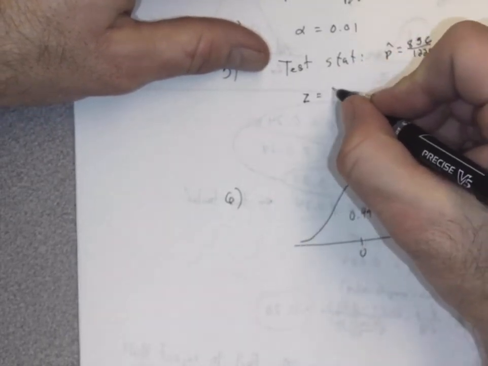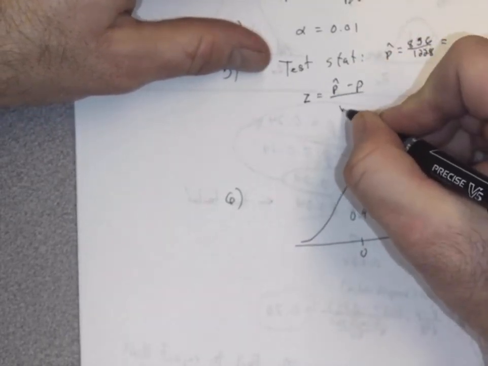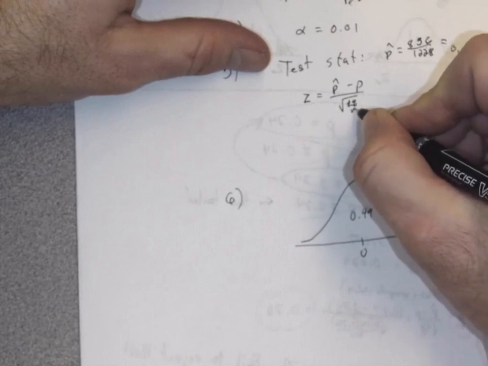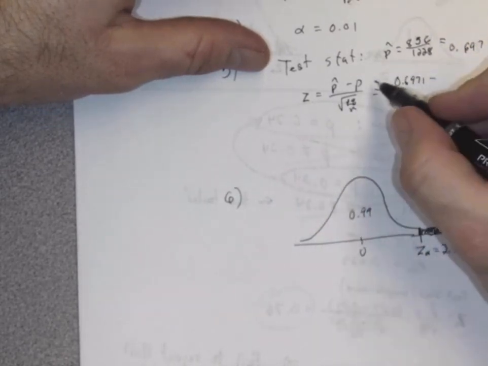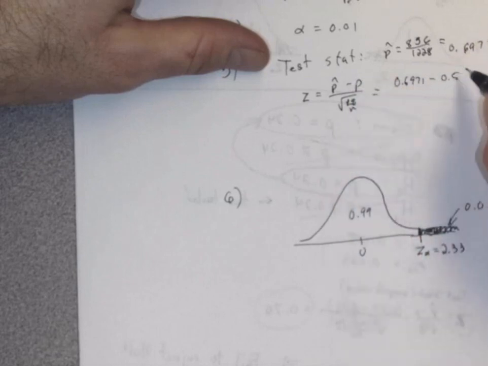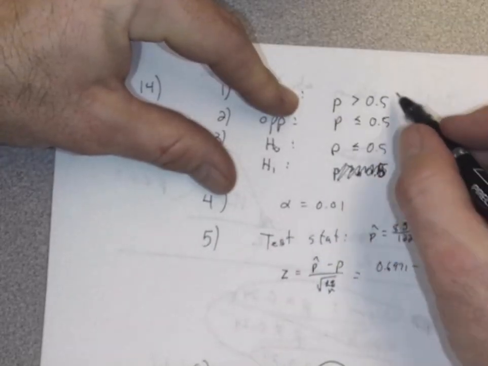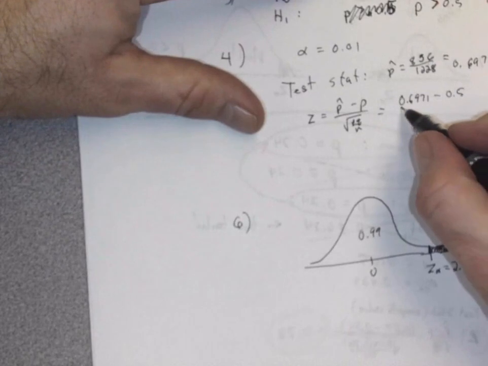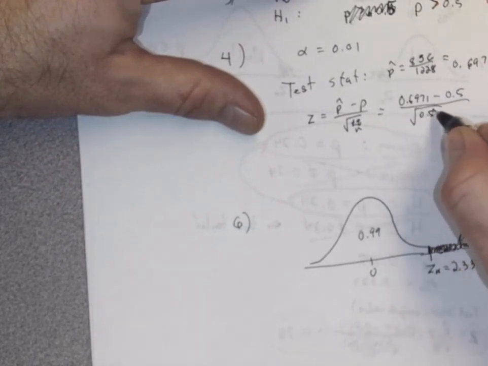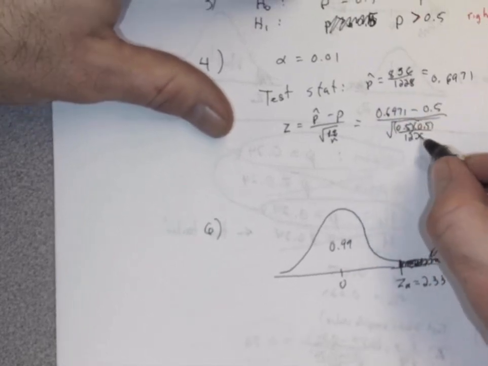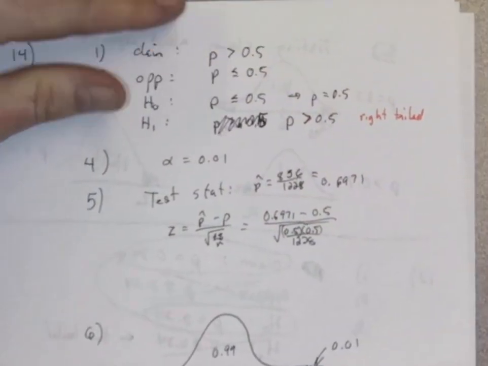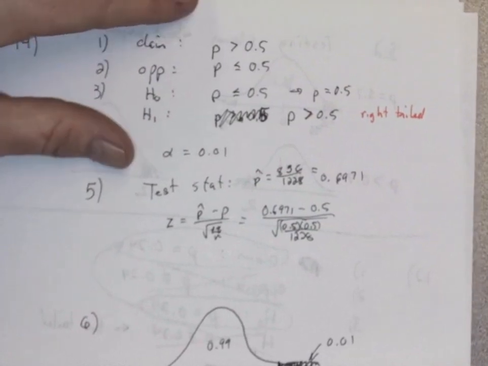So z is going to be equal to p hat minus p all over the square root of pq divided by n. So that's 0.6971 minus my claim, which is 0.5, bigger than 0.5, because this number comes from the claim, divided by the square root of 0.5 times 0.5, all divided by the total, 1228.